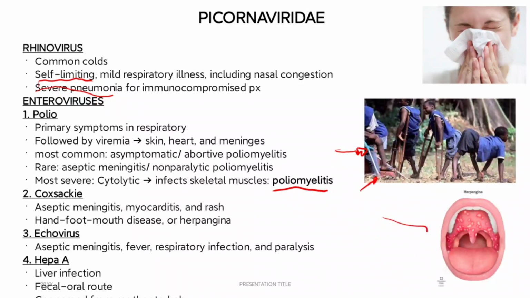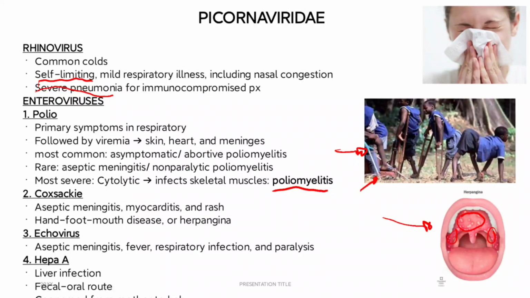So, ito po yung picture ng herpangina na may obvious na white ulcers sa loob ng oral cavity ng patient mo.